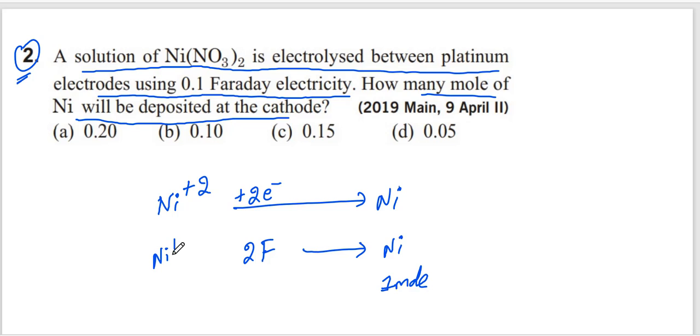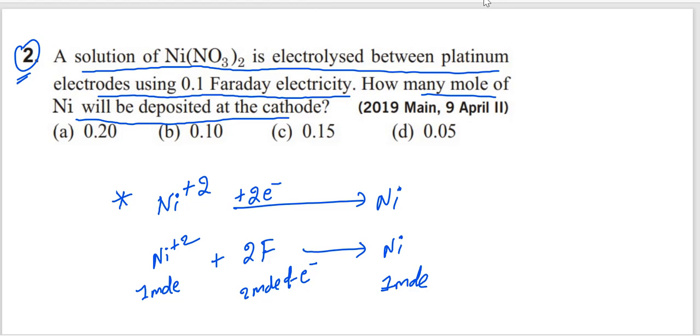Here 1 mole of nickel plus 2 is receiving 2 moles of electrons, getting 1 mole of nickel. This is the common basic point, right?